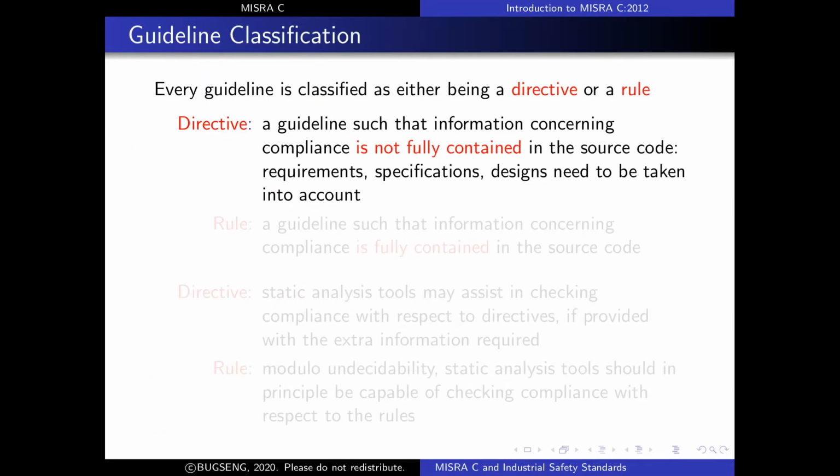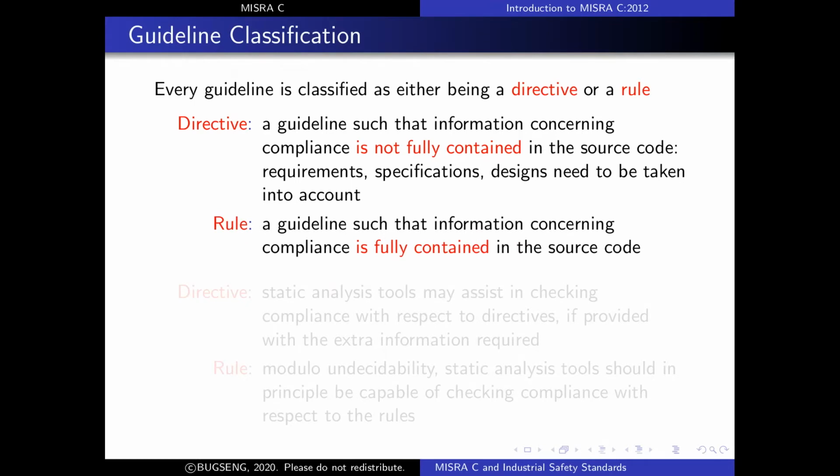So what is a directive? A directive is a guideline such that not all the information to judge compliance is contained in the source code. So it is necessary to refer to requirements, specifications, designs, or even the programmer's intention in order to decide whether a directive is satisfied or not.